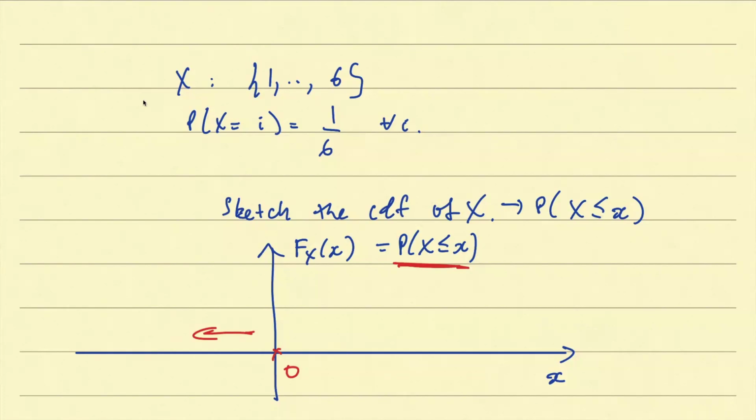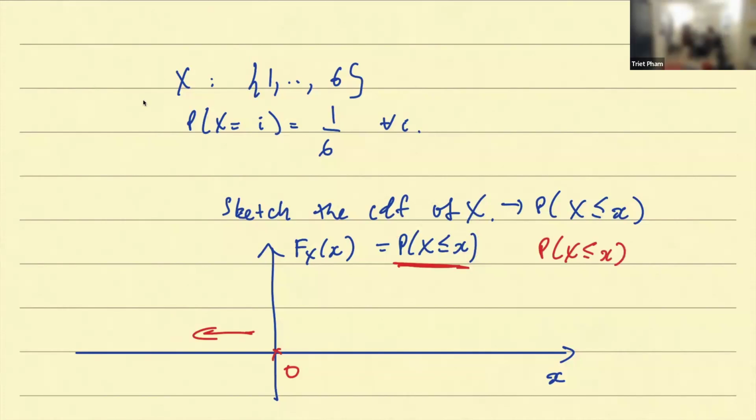That would be 0. The probability X less than or equal to x for all negative x will be 0. That's clear because X takes value 1 to 6. So the graph will be 0 to the left of 0.